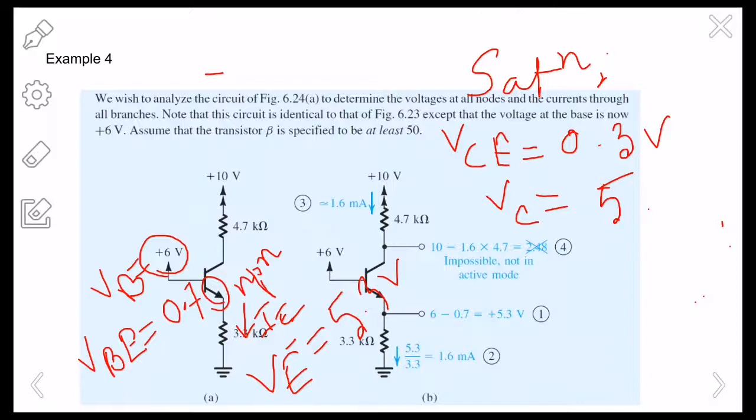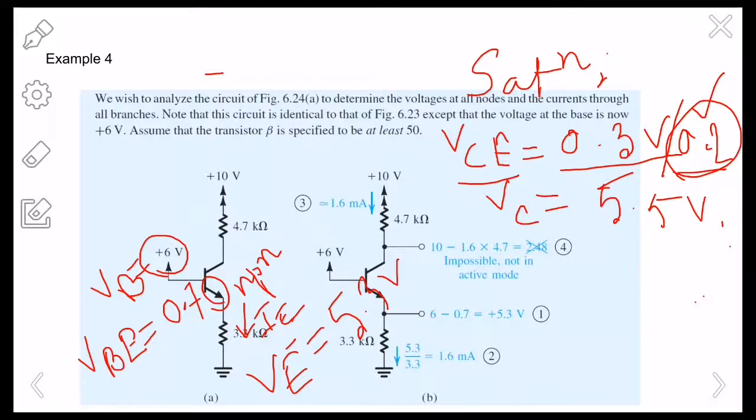You can take 0.3 or 0.2, it's your wish, because in the saturation region, 0.3 means the edge of saturation and 0.2 means deep in saturation. It is better to take 0.2. It's an empirical value. So if you take VCE, the voltage difference between collector and emitter, as 0.2, then your VC gets 5.5 volt. Now I can find the value of VC.